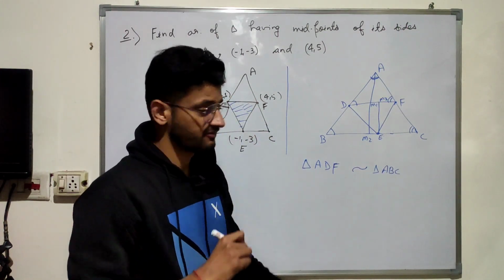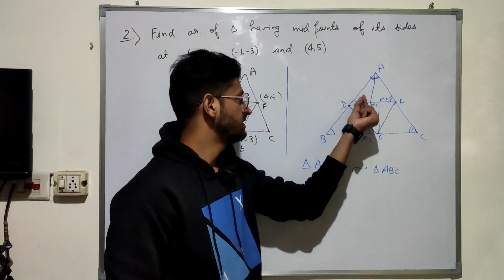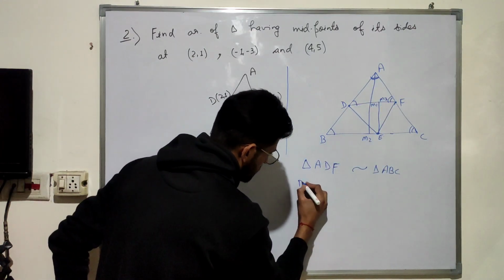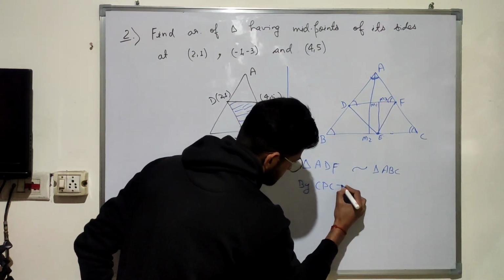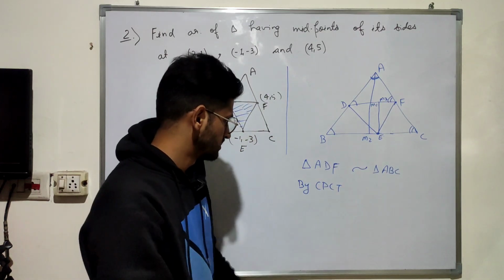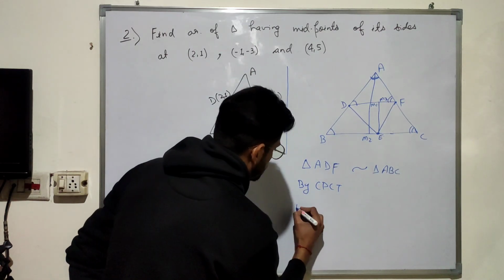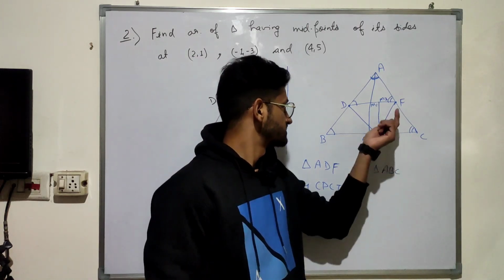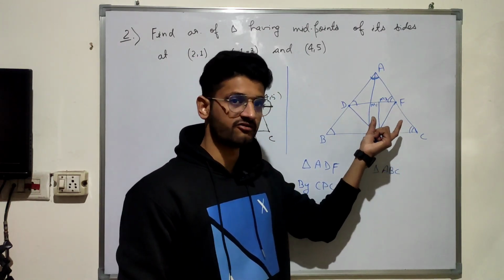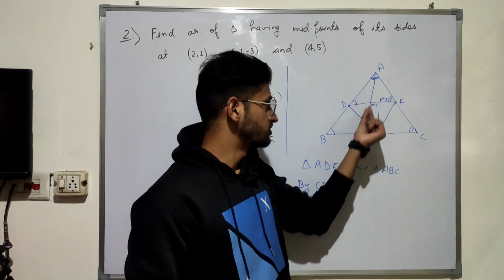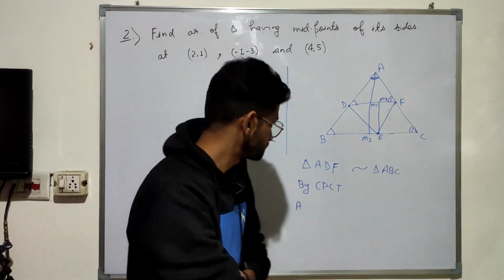Since triangle ADF is similar to triangle ABC, by corresponding parts of similar triangles, and since DF is parallel to BC and half of it, similarly the altitudes will also be in the same ratio.